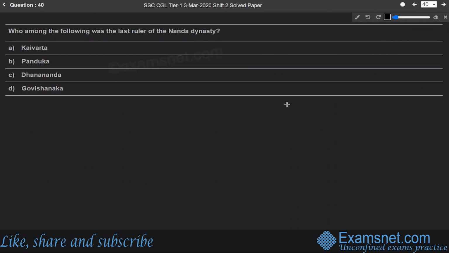Next question is, who among the following was the last ruler of the Nanda dynasty? Before getting the answer for this question, you should first know about Nanda dynasty. Nanda dynasty ruled in the northern part of the Indian subcontinent.